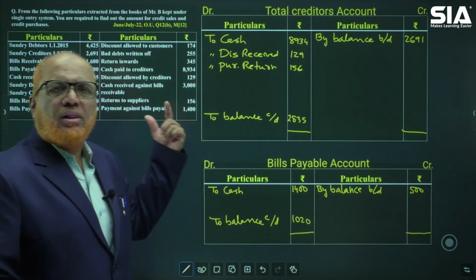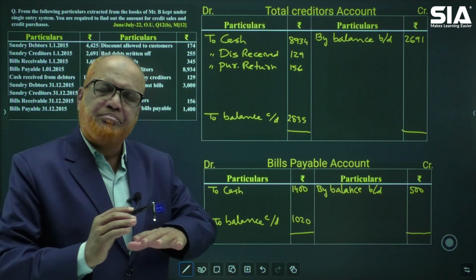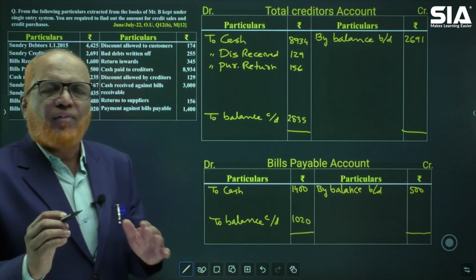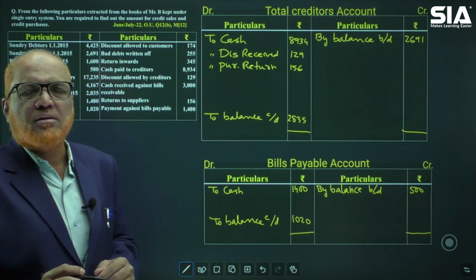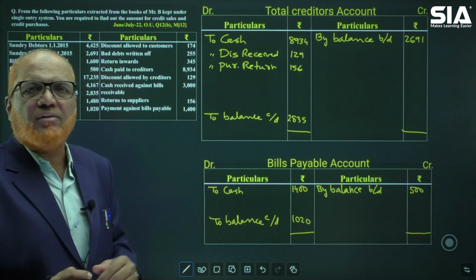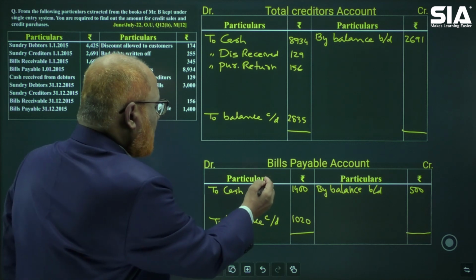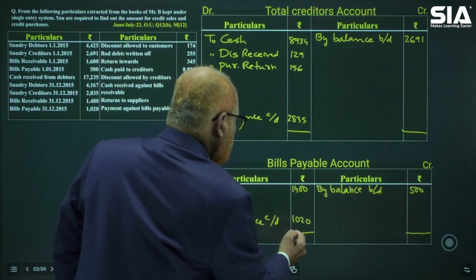Now you can see all the items which are given in the problem are finished, completed. All the items we have taken. Before finding out credit purchases, you have to find out the balancing figure in the bills payable account. So debit side 2420.